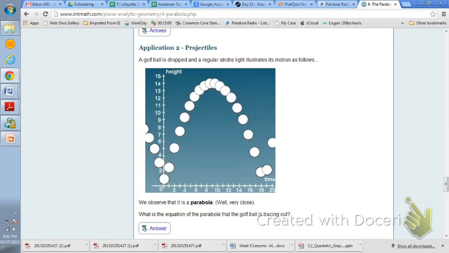When you get into physics, they want to know the highest point that a projectile will go. You also have submarines that need to know the lowest they can go at a certain depth based on their motion. So in physics, there's a lot of use of the parabola.